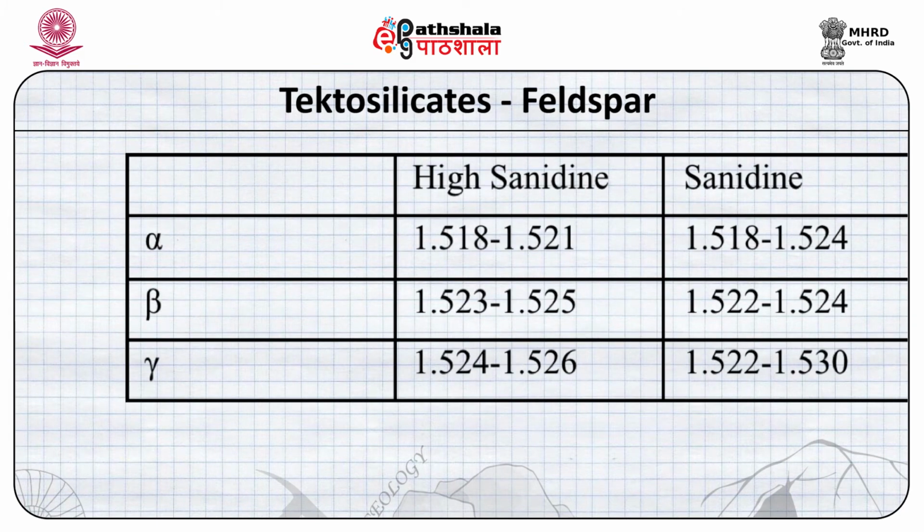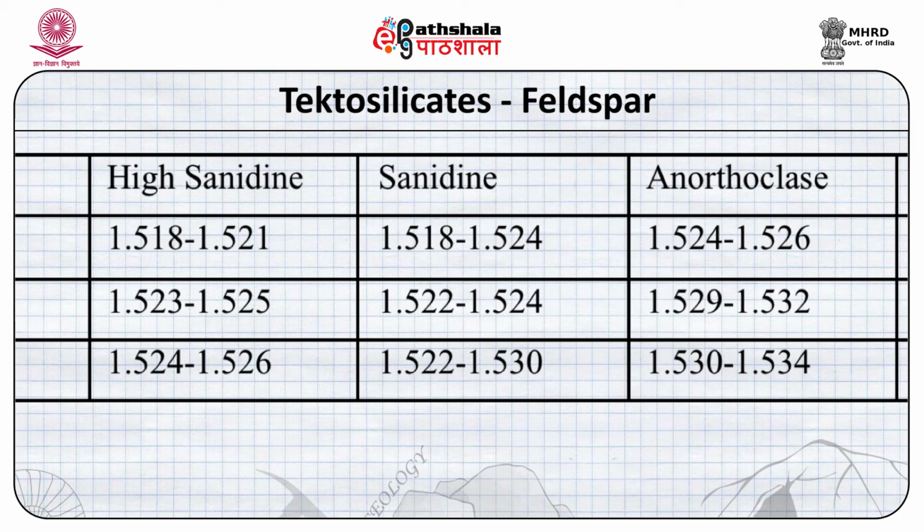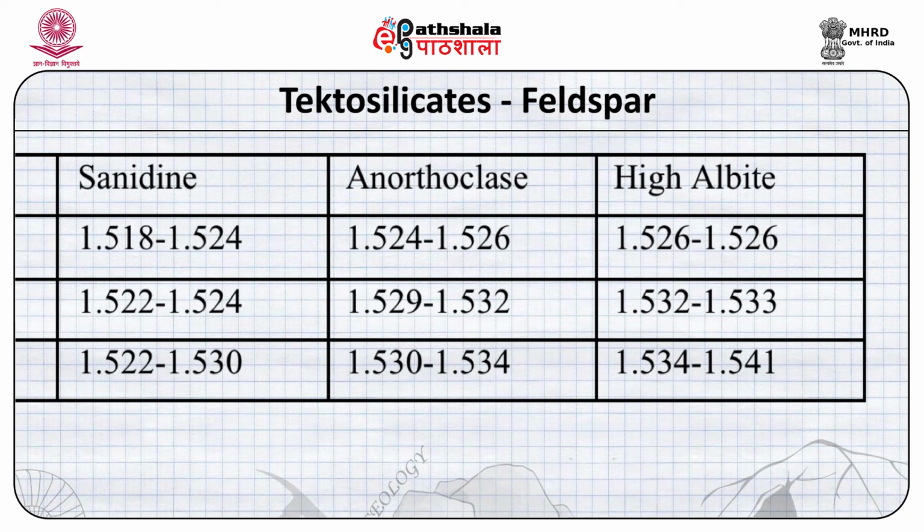The gamma is 1.524 to 1.526 in high sanidine, and it is 1.522 to 1.530 in the sanidine. The corresponding anorthoclase, which corresponds to high sanidine, these values range for alpha between 1.524 to 1.526, for beta 1.529 to 1.532, and for gamma 1.53 to 1.534.